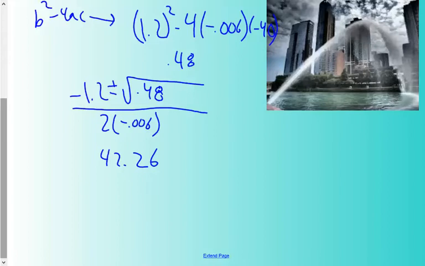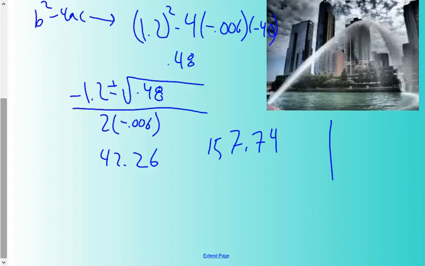So there's one of my answers. Then I'm going to do the other one. Negative 1.2 minus the square root of 0.48, and then divide that by, in parentheses, 2 times negative 0.006. It's going to be 2 answers: 157.74.